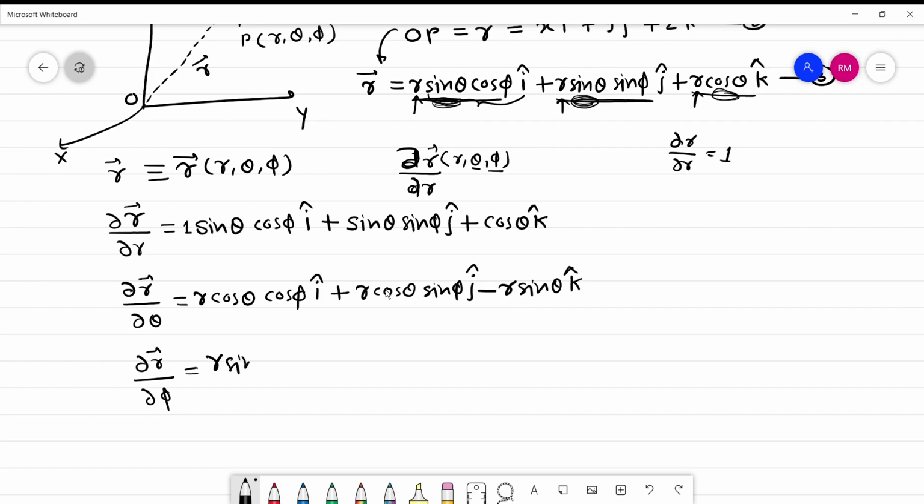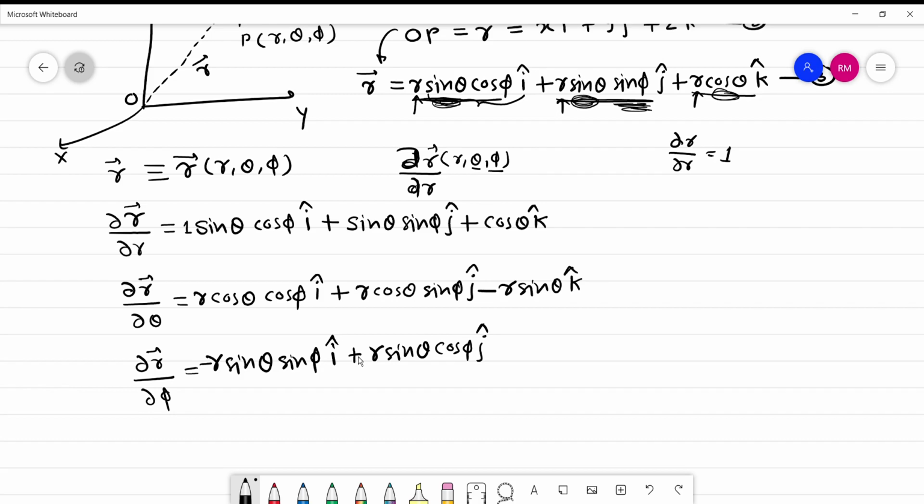R sine theta is constant, and the derivative of cos phi is minus sine phi i cap plus r sine theta is a constant, and here this term contains sine phi, so the derivative of sine phi is... Oh, sorry, it will not be minus, sine phi has the derivative cos phi, so it will be like this, cos phi j cap.